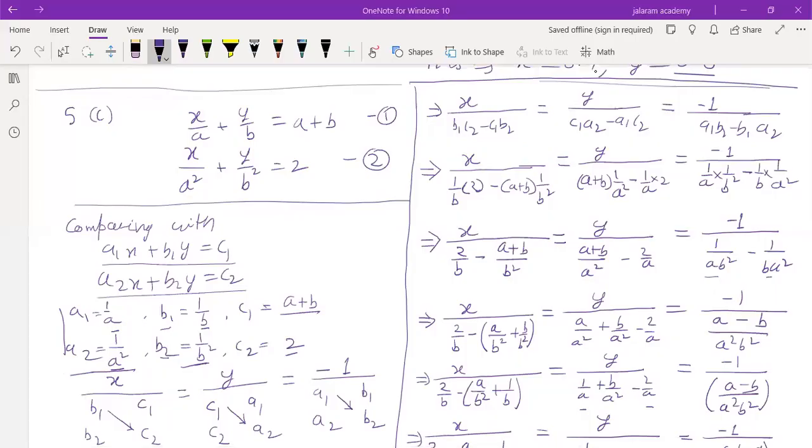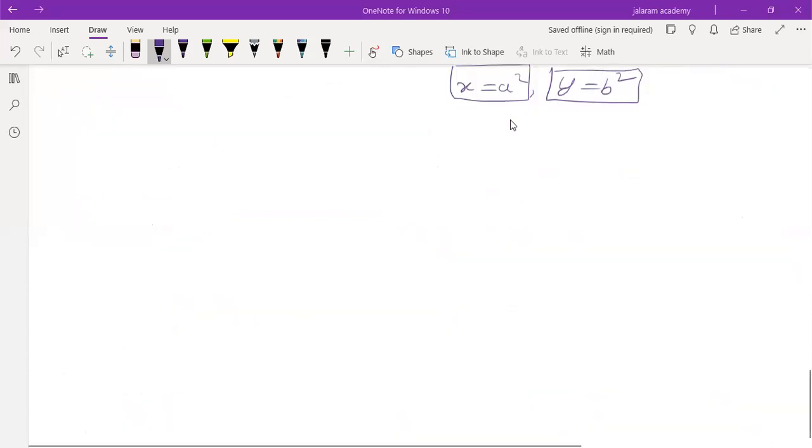Now, state the formula. x upon b1c2 minus b2c1 is equals to... Don't say like that. I have told you before: b1, c1, b2.